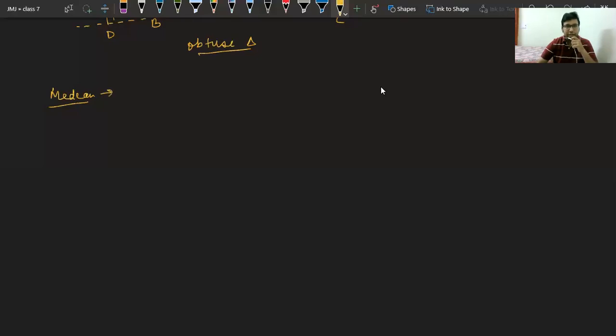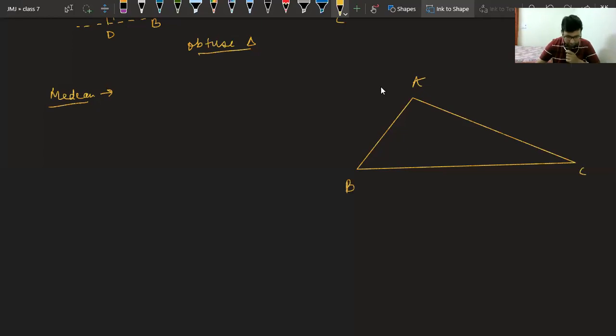Now see, in median, let me draw a triangle for you. Can you define median for me? What is a median, class? Yes, beta Sarvagya. Altitude is at 90 degrees only with the base. Can you please describe what a median is? A median is a line which joins a vertex to the midpoint of the opposite side.